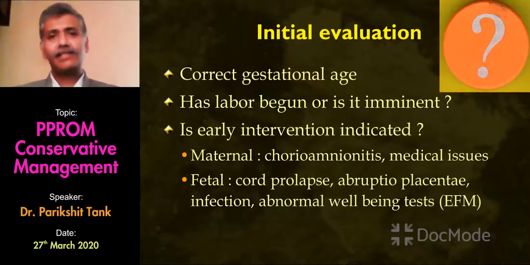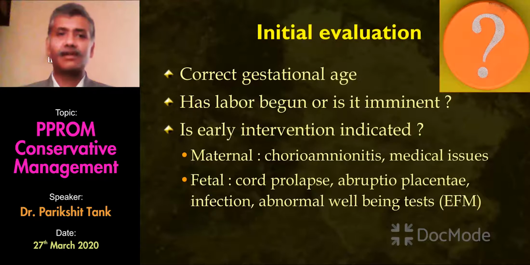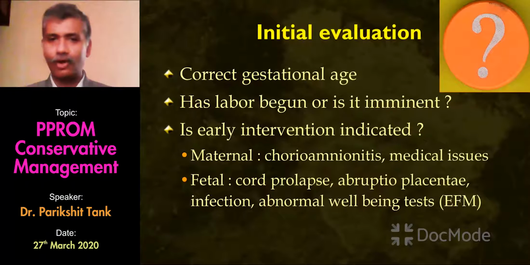The next decision-making part of the evaluation is to ask whether early intervention is indicated for the mother if she has some medical issues or if there are features of chorioamnionitis and sepsis.